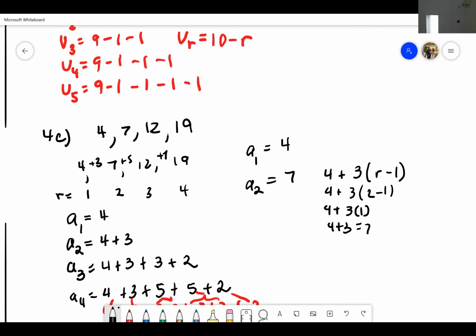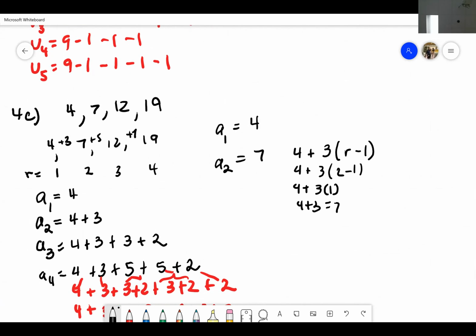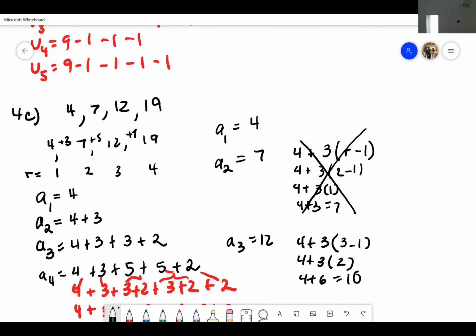Okay, it works. Then you say, okay, does that formula make sense when I increase? Because when I go to a's of 3, which is 12, you get 4 plus 3 times 3 minus 1, 4 plus 3 times 2, which is 4 plus 6 is 10. It doesn't work. So this formula is no good.